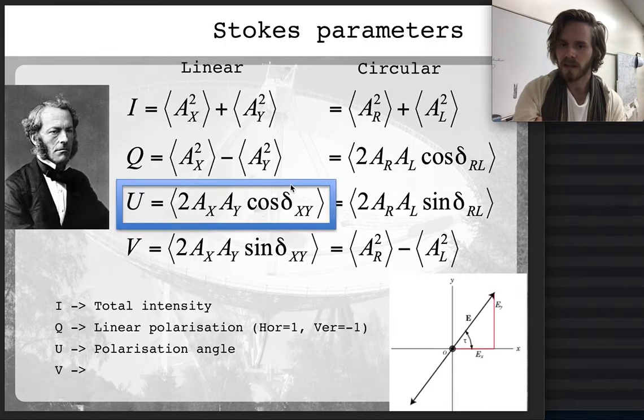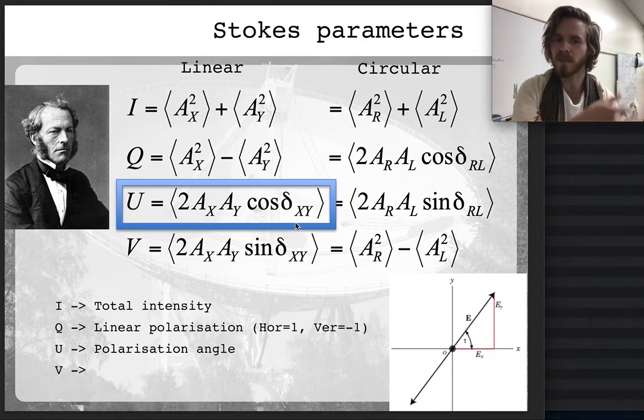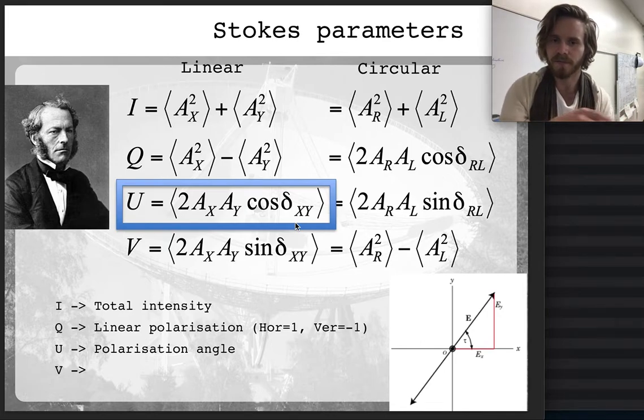So now we can see that in the case where we have 45 degrees, even though our Q parameter is not giving us anything useful, we'll have something in the U parameter that's going to tell us about the polarization angle itself.